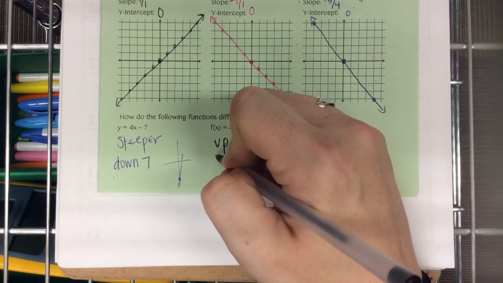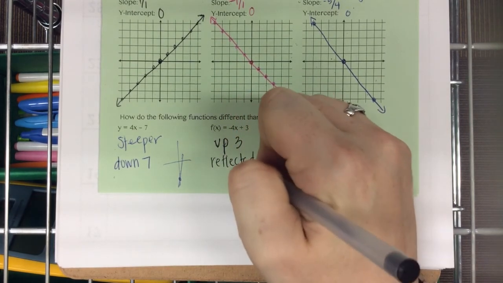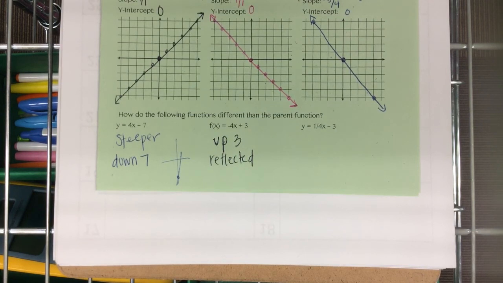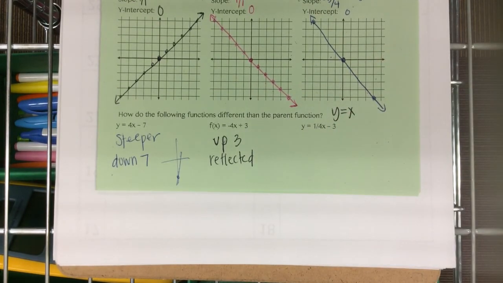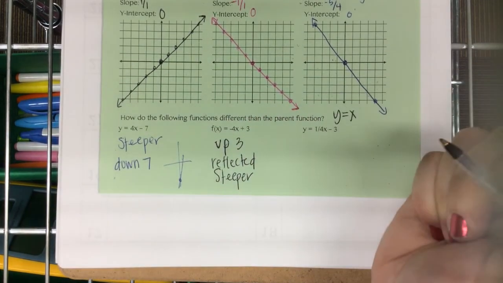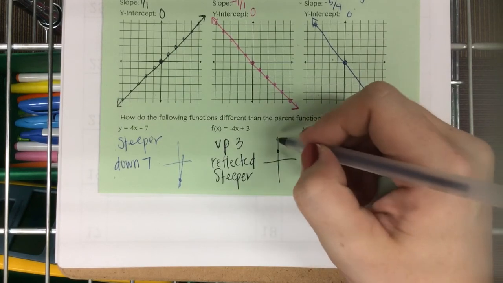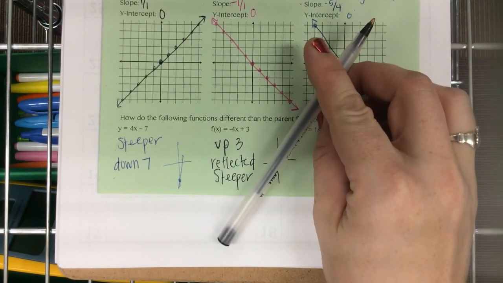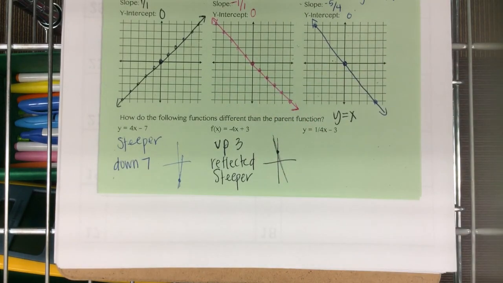It's a negative, so it's reflected. It's flipped over. What else is different from y equals x? Safi? It's steeper. So if I was going to graph it, it's up 3. It doesn't go up to the right, it goes up to the left, and it's pretty steep. It's an estimate.